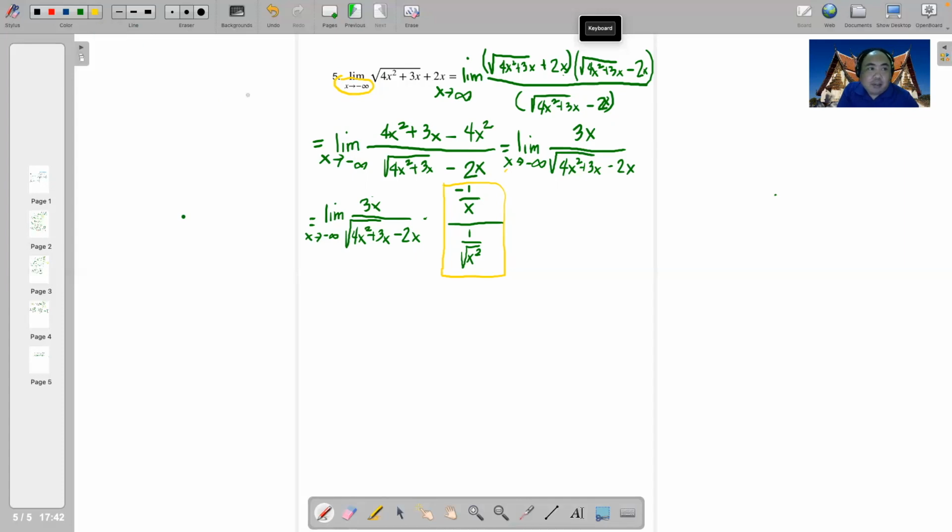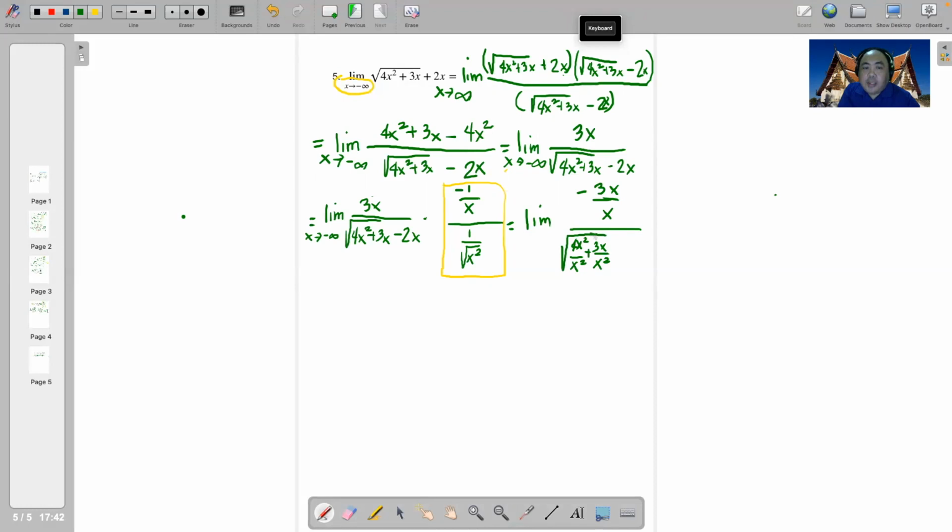So this will now become the limit of negative 3x over x, divided by the square root of 4x squared all over x squared plus 3x over x squared.